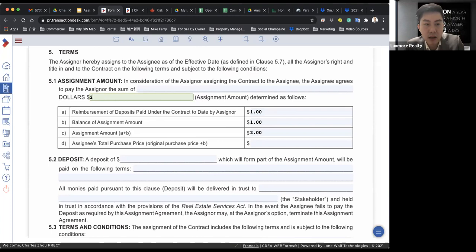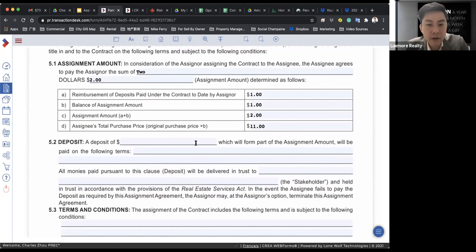A lot of people I see have filled in the wrong number here. This is the assignment amount. And lastly, the assignee's total purchase price, which is the original price plus part B, the profit. So if they bought for, let's say, $10, and section B is $1, it goes to $11 in total.